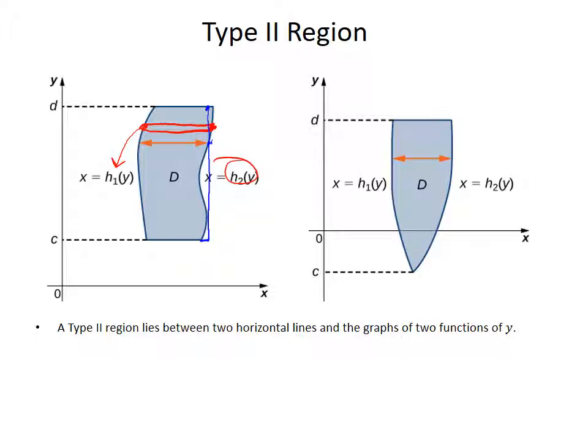So that's why it's not a type 1 region. You can't draw vertical rectangles in there and go from a function of x to a function of x. You can, however, draw horizontal rectangles in this region that go from a function of y to a function of y.